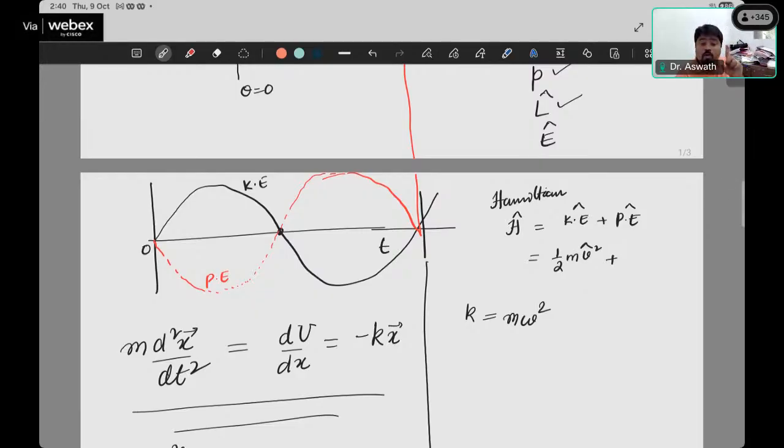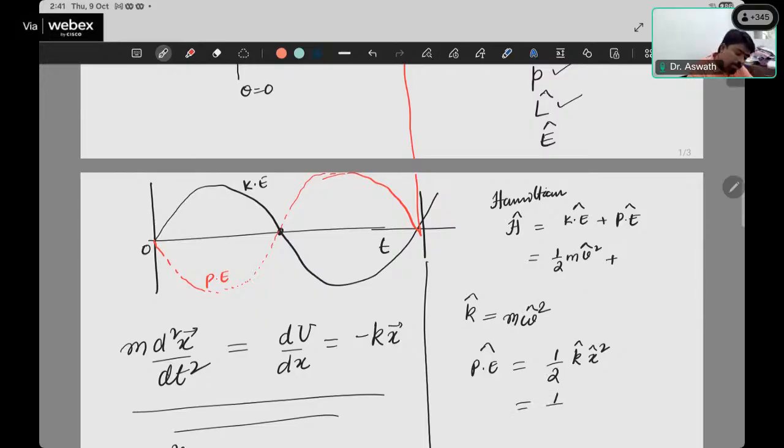Now, not only that, I want to find the kinetic energy and potential energy of the system, even at the quantum level. So the potential energy of the system, with the hat, would be half spring constant times x square. Now I have to add a hat.